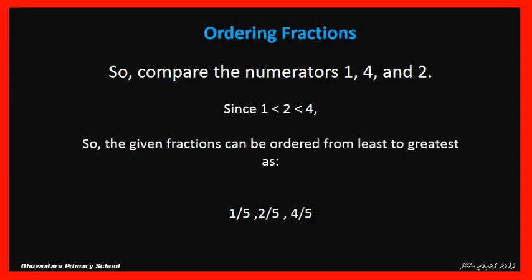So compare the numerators 1, 4 and 2. Here 4 is greater than 2 and 2 is greater than 1. So the given fractions can be ordered from least to greatest as 1 by 5, 2 by 5 and 4 by 5.